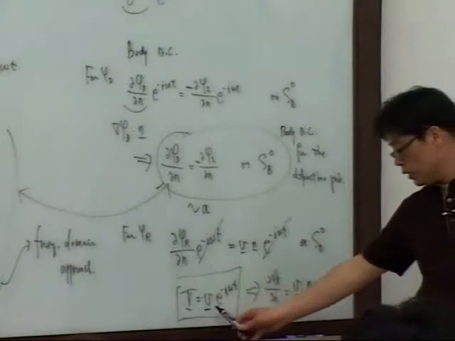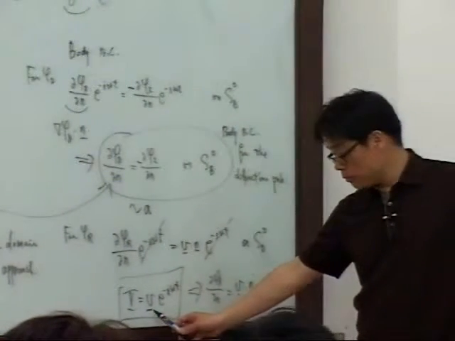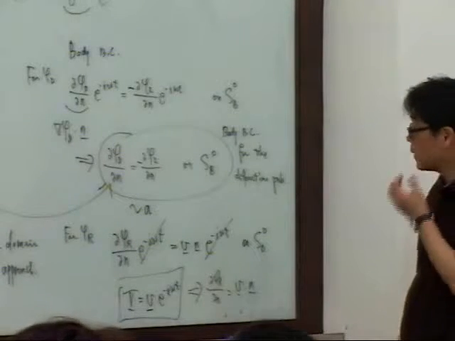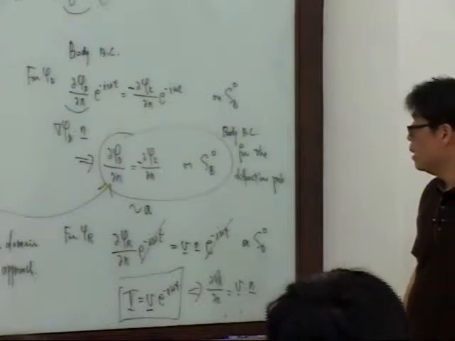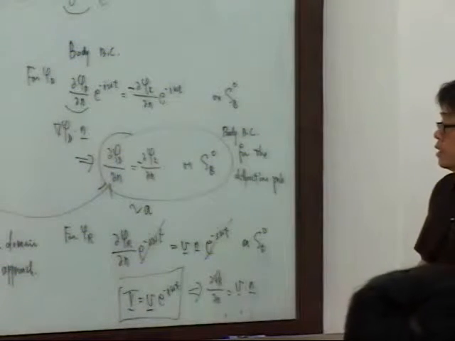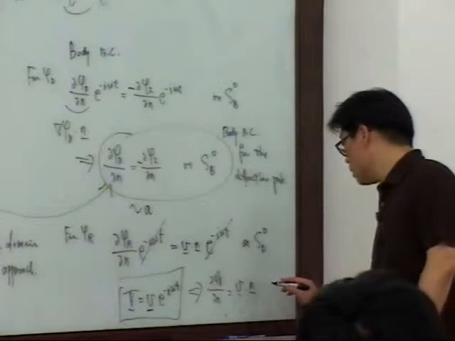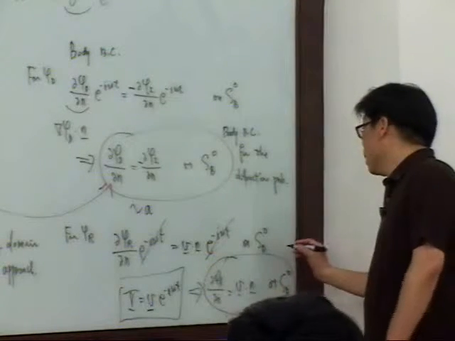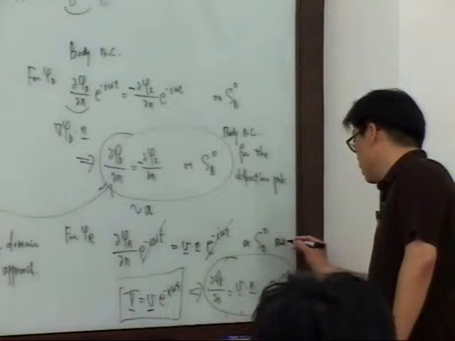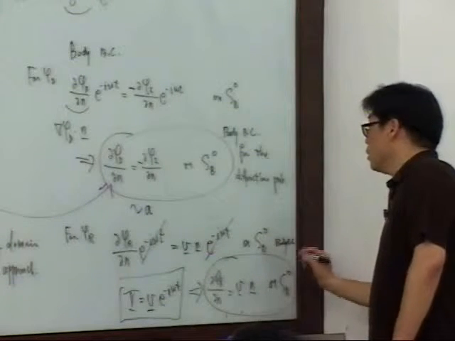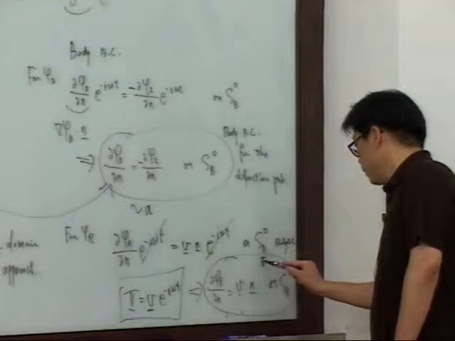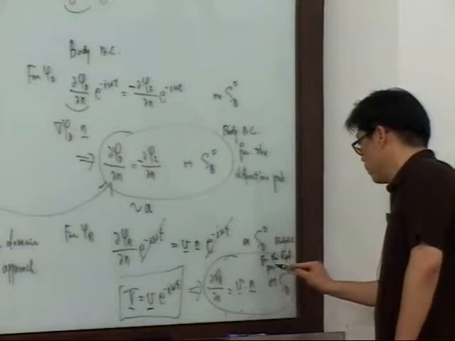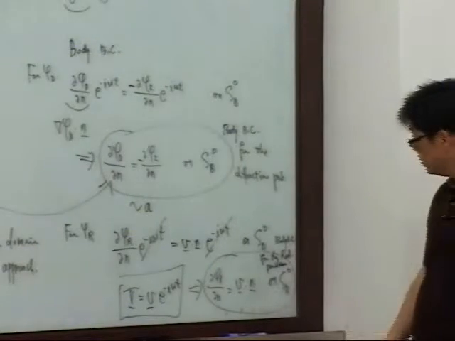I haven't written what v is in terms of the motion of the body, but I will do it. So this is the body boundary condition for the radiation problem.